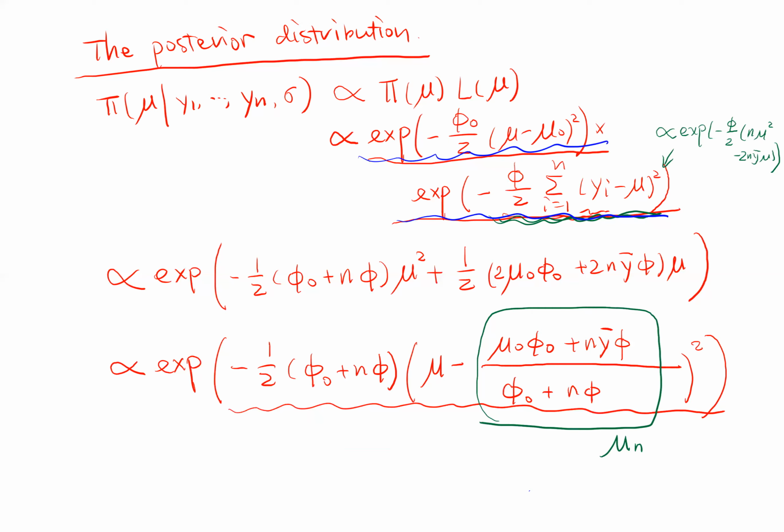And this part, remember, if we express the normal PDF in terms of precision, this is exactly what is being multiplied before the square term. So the posterior precision will be this, and then the posterior standard deviation will be 1 over this and then the square root, right?